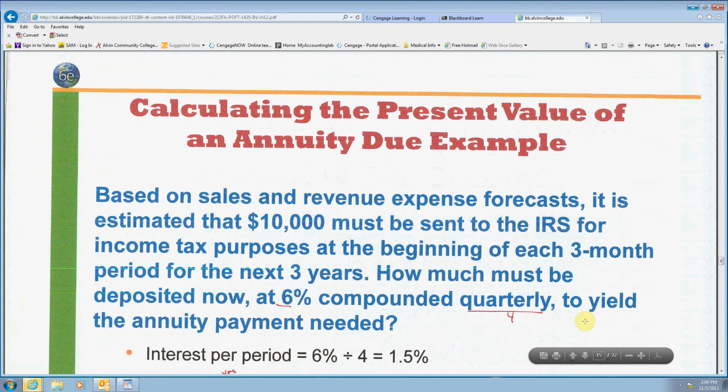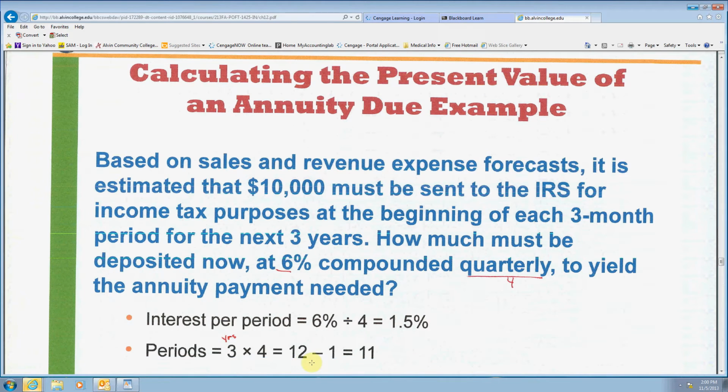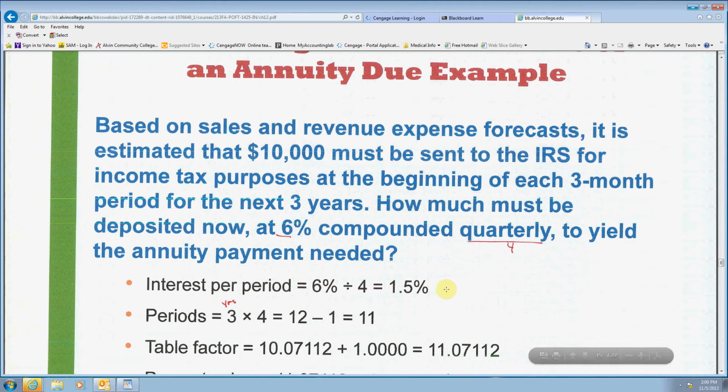We would first find the interest per period, so it would be 6% divided by 4, which is 1.5%. Then it's for 3 years, and it's 4 quarters, so that would be 12, but we need to subtract 1, so it would be 11 payment periods. We would go to Table 12.2 and find 1.5% and where 11 payments intersect.